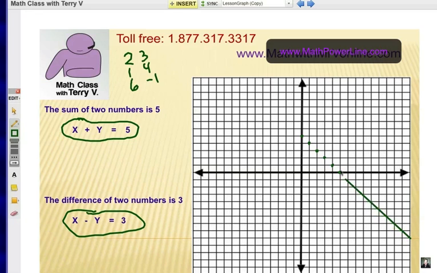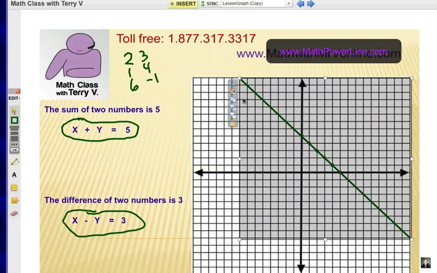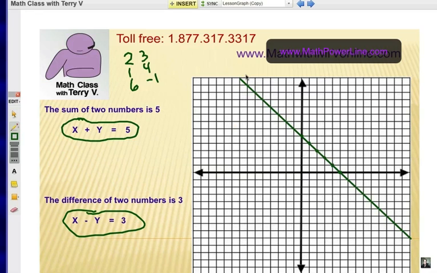So now I can make a straight line and extend it throughout the graph. This will be my solution set for all the points where they add up to 5. So every point on that line would solve that equation, x plus y equals 5.